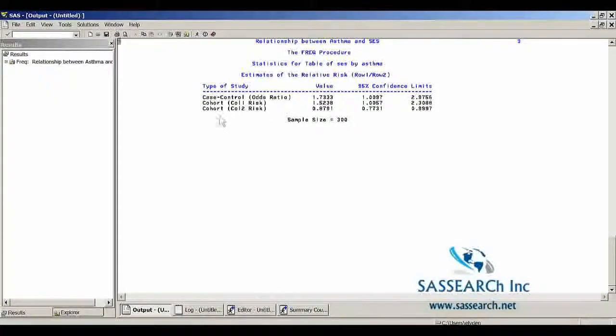So you're going to want to be careful how you would interpret the column 2 risk. I would usually focus on interpreting the odds ratio and interpreting the relative risk from column 1 risk.